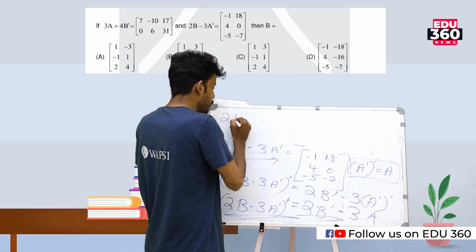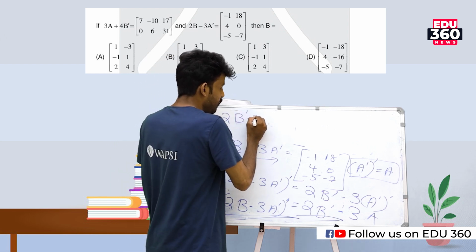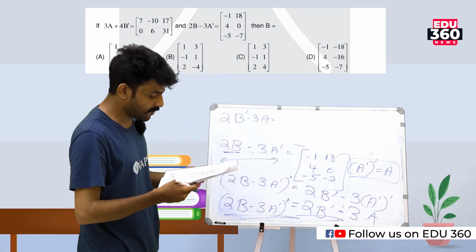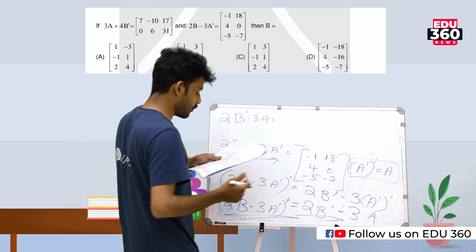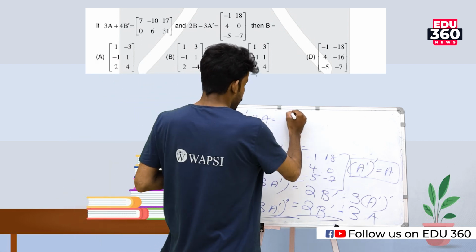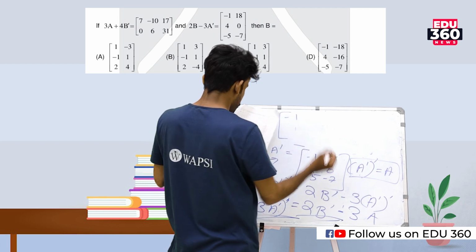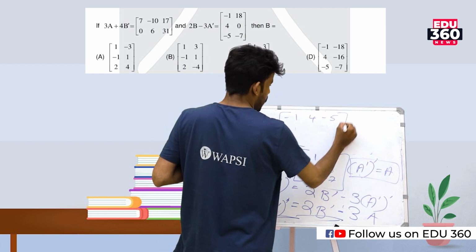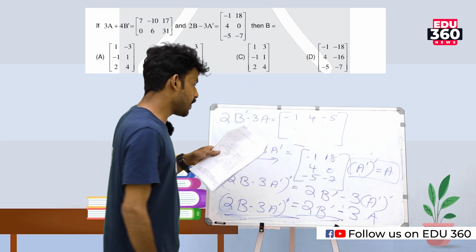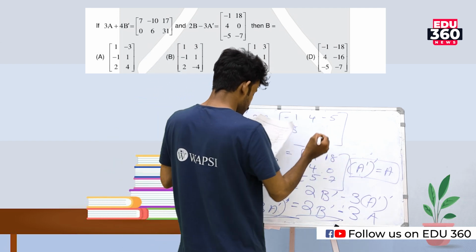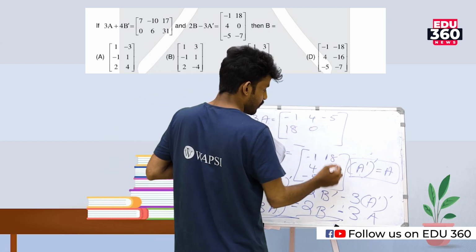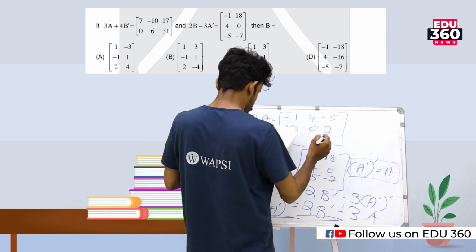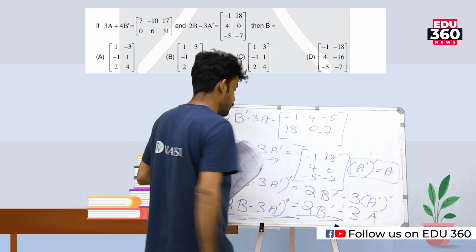Nothing else, just take the transpose of this matrix, which is minus 1, 4, minus 5, and 18, 0, minus 7.